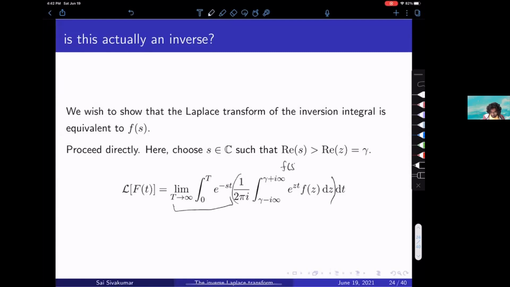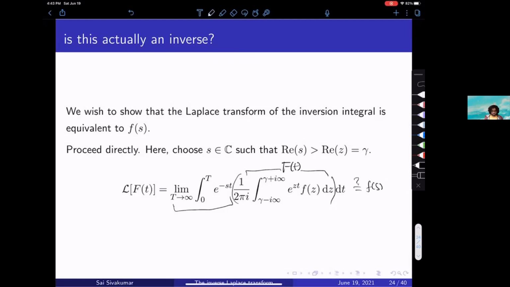This thing is f of s. Right? F of s, what? No, what am I doing? This is f of t. Yeah, because this is f of s, just with the letter changed. So we want this to be equal to f of s.